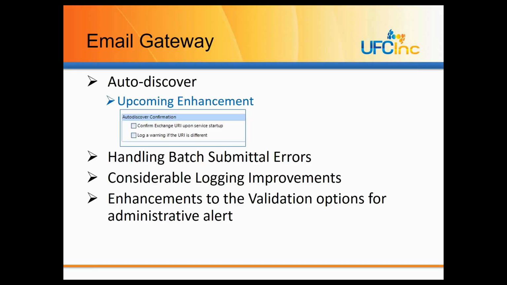Keep an eye on this, because it provides a path for easy administration. We want you, as an administrator, to understand what's going on in your system. If you receive an alert, or if there is a bad problem file, or if a validation rule is violated, we want you to know what's going on, so we've made some enhancements to the validation to make that obvious to you.